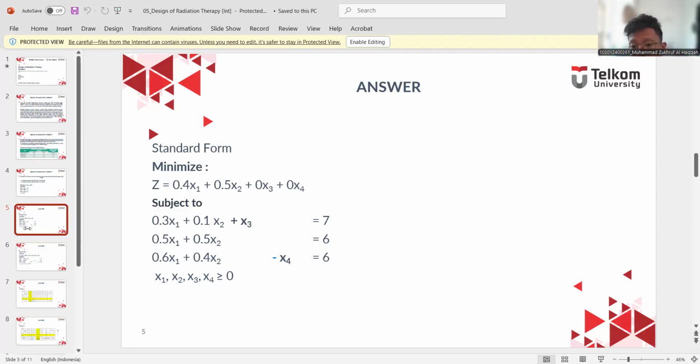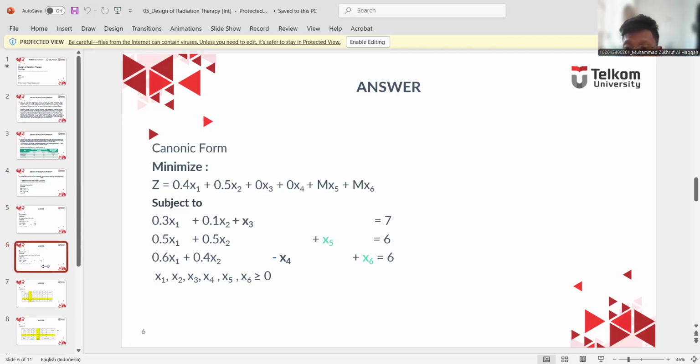By going through three iterations of the simplex method, we are searching for the optimal basic feasible solution that yields the minimum Z value.